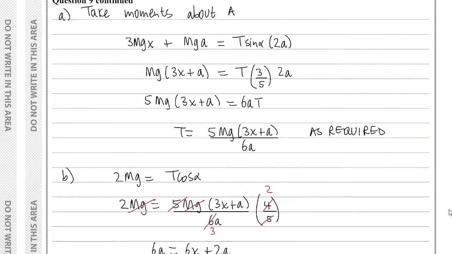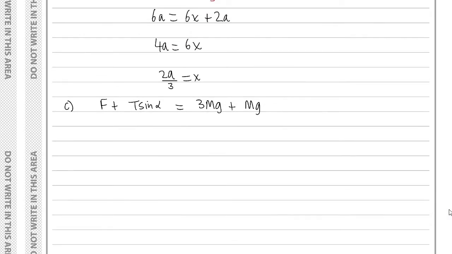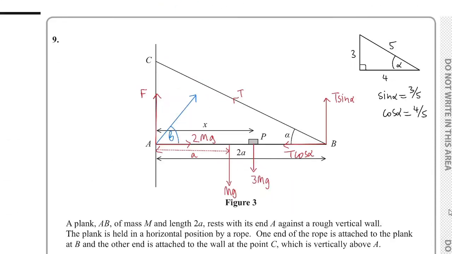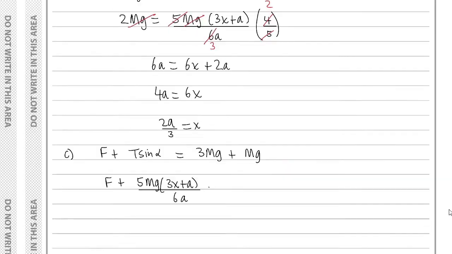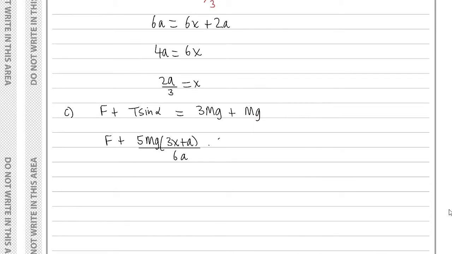So I will replace that. So this is F plus 5 mg 3x plus a over 6a. In the place of sine alpha, we will be replacing the value we obtained. We had it before. Sine alpha is 3 over 5. So let's put the 3 over 5 there. And this is equal to 4 mg.